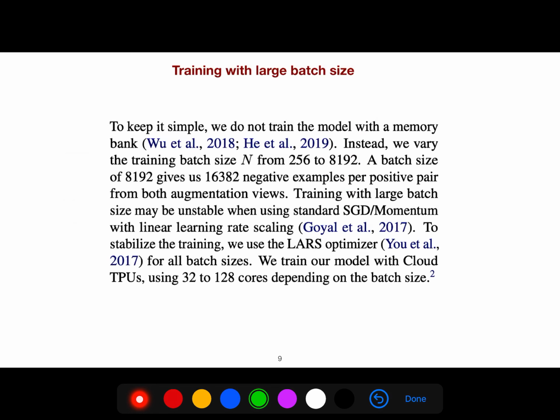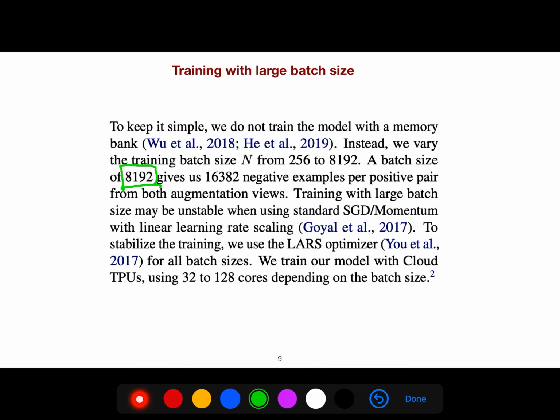But you can keep training with large batch size and you see even greater improvement. So a batch size of 8,000 gives us 1,000 negative examples. Such a big batch size. Of course, you need more RAM, and I only use one GPU, and my RAM is not enough, so I should increase my GPU.